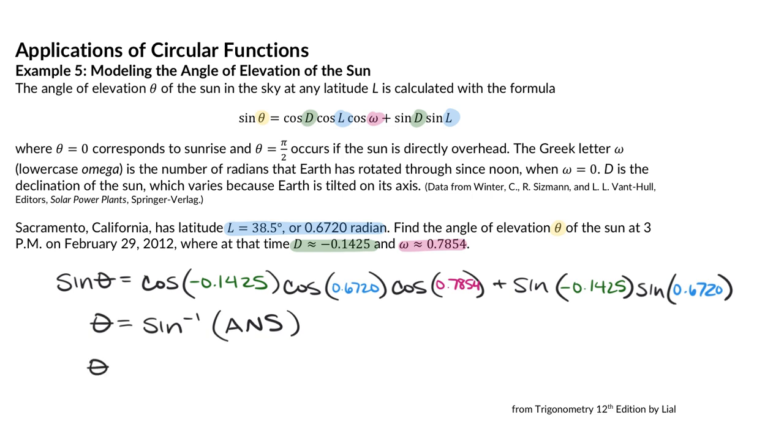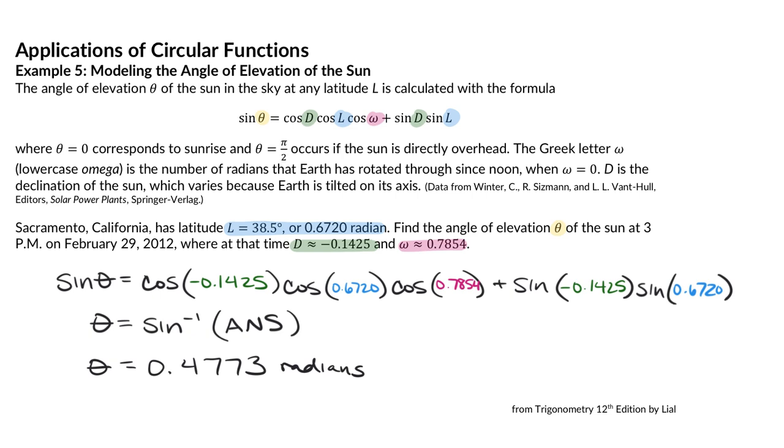And when you do that, you should get 0.4773 radians. Did you get that? Yes.